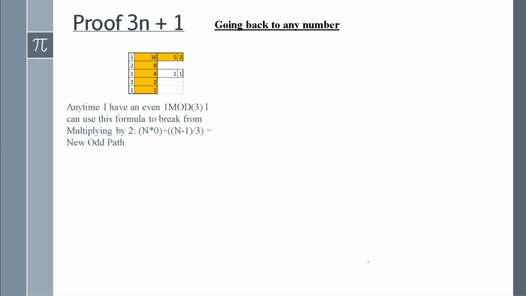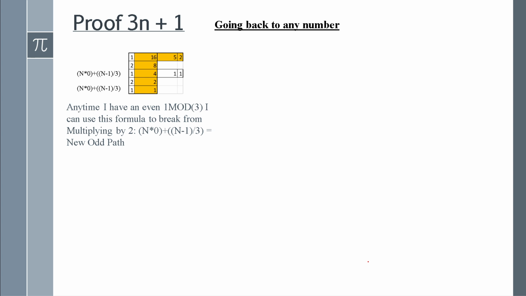So now we're going to go back from the number 1 and see, we're going to path backwards to any number. So anytime I am at a 1 mod 3 number, I can apply this formula and shift right. Right, I can break out to an odd number.